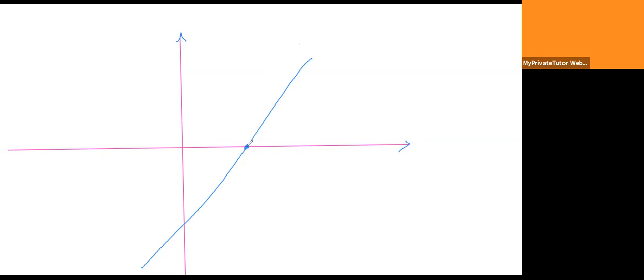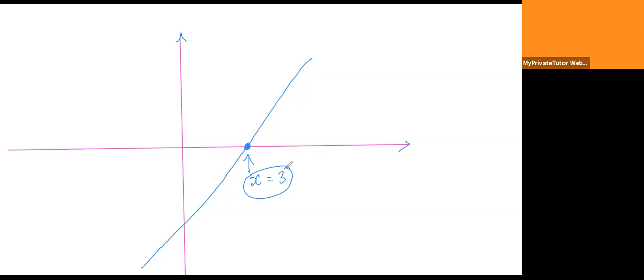So the graph which crosses the x-axis is nothing but the x-intercept. I hope you guys know that. The point of the x value is a 0, x equals to minus 4 or something, x equals to 3 or something in this case.